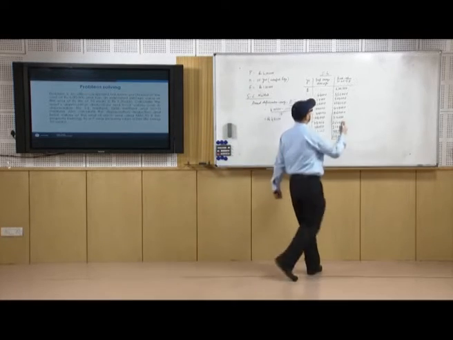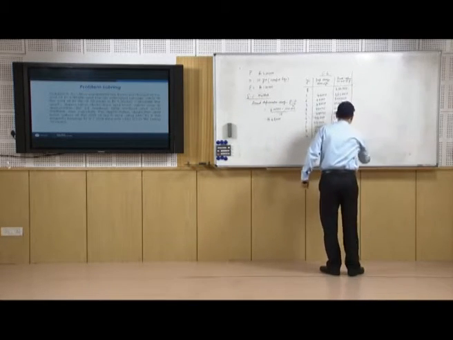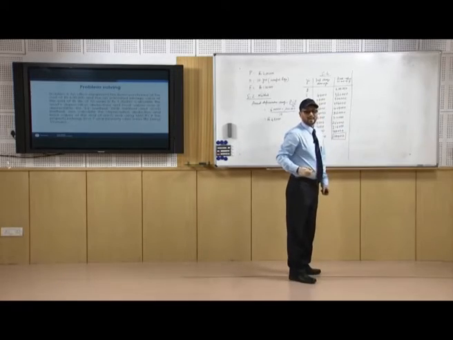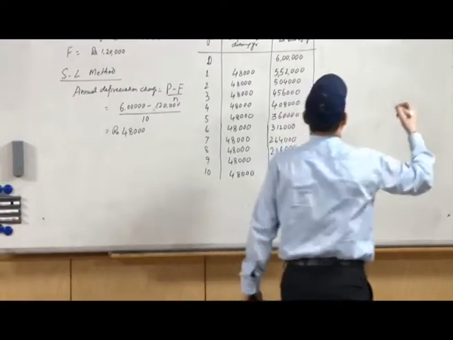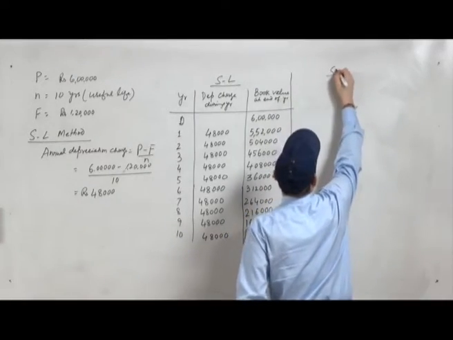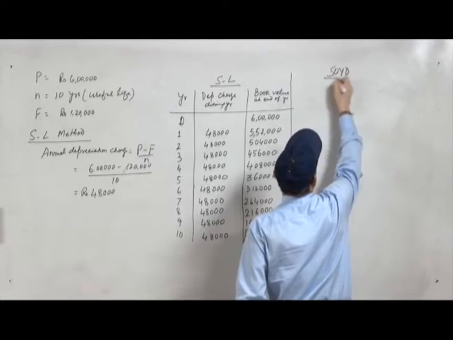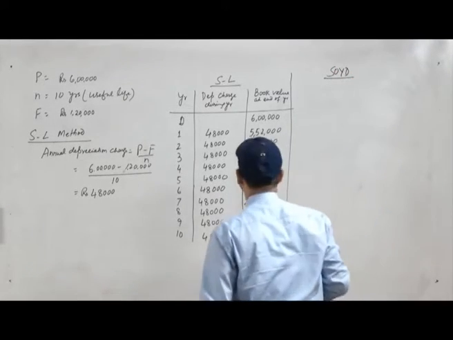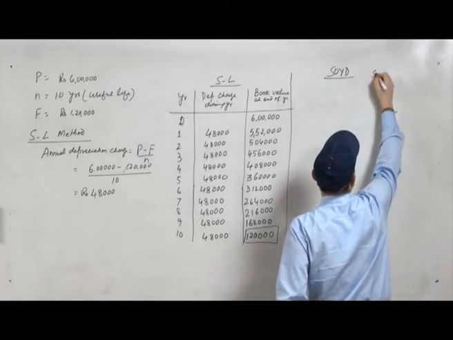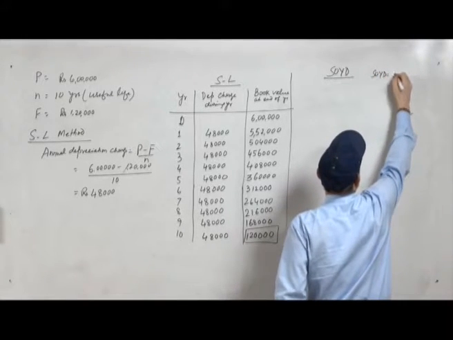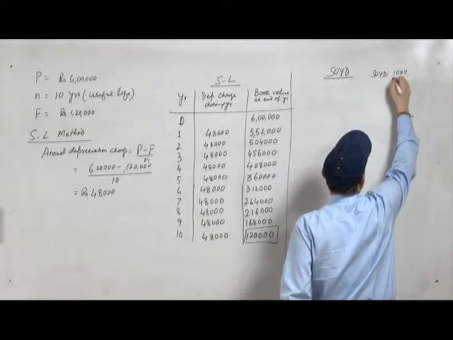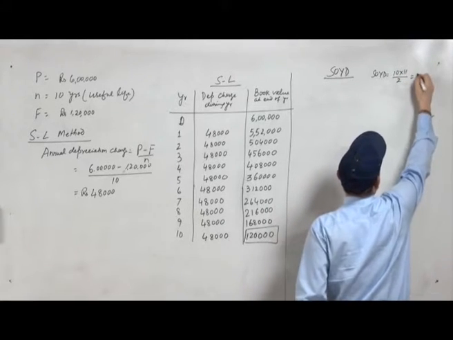Now, let us see using the SOYD method. In the SOYD method, the sum of years' digits can be calculated as 10 into 11 by 2. So, it is 55.